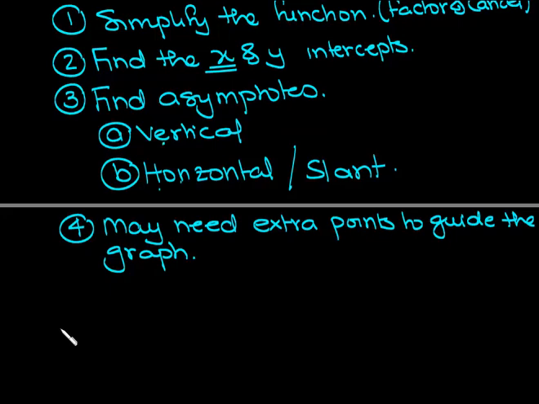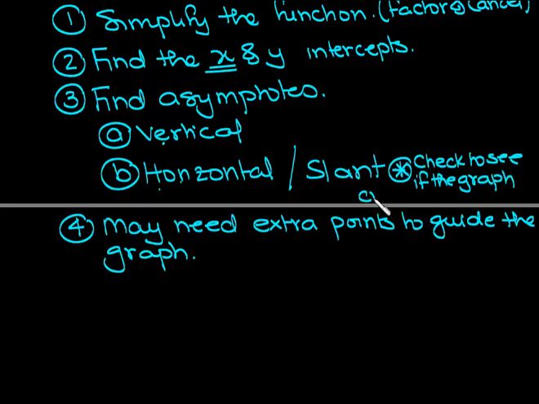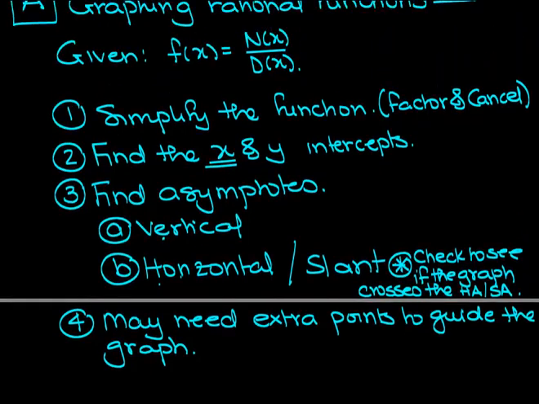And I'll also put one last thing: check to see if the graph crosses the horizontal asymptote or the slant asymptote. I'll abbreviate those. That's something we need to do. I'll explain all of this in detail, but I just wanted to give you the steps down first.